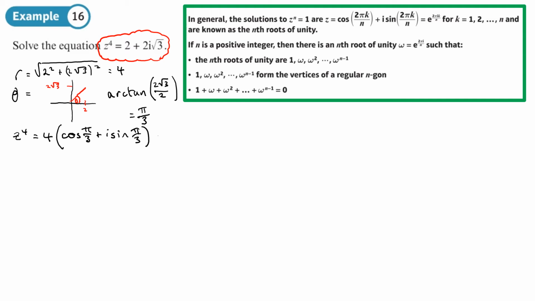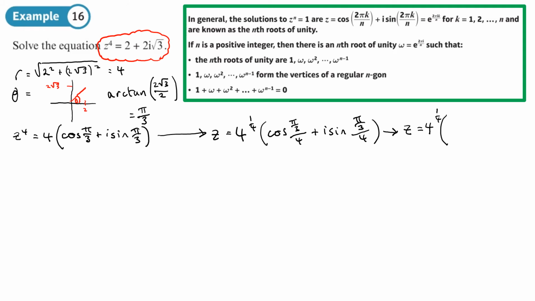Okay, we want to find z, which means finding the fourth root of the other side, which means finding the fourth root of 4, and it also means taking this argument, pi over 3, and dividing by 4. In a minute we'll write down all the other arguments that it could be, all the plus 2 pi's. So let's write it in a form where we can deal with all the multiple arguments.